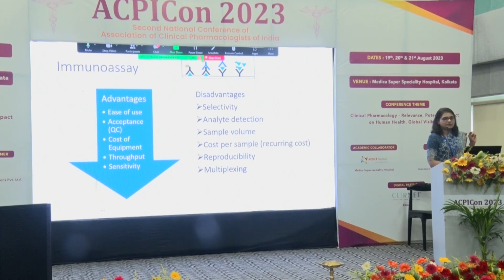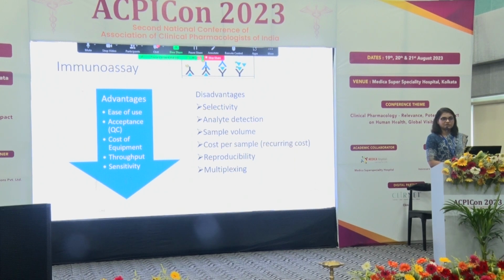So if you end up using what we call a closed system or an open system. A closed system is when you have to buy the kit from the vendor who has supplied you the instrument. And most of the times it goes like that because the vendor otherwise does not take the responsibility when the quality of the test is not maintained.